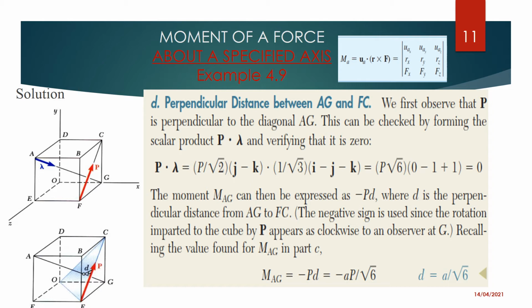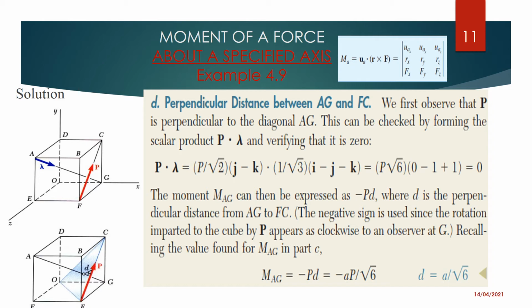But before we do that, the first thing that we need to do is to confirm that the force itself, which is P, and the unit vector, that is AG, if you do your dot product, P dot your unit vector, you get 0.